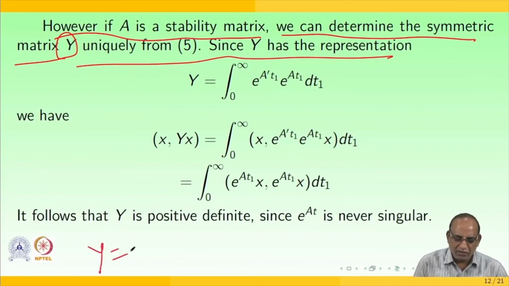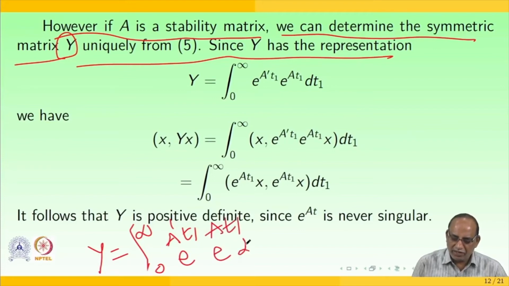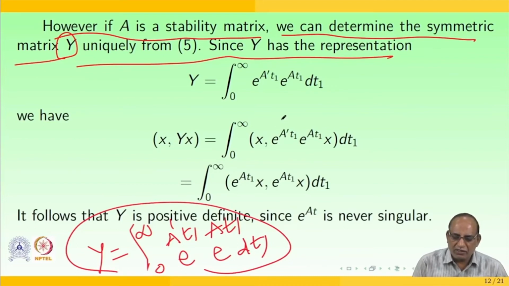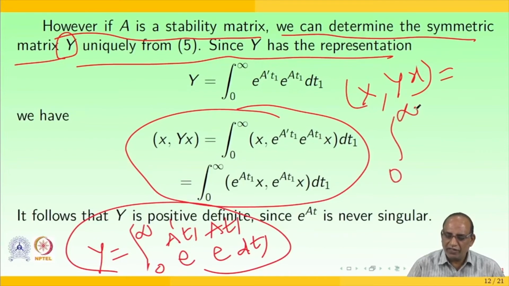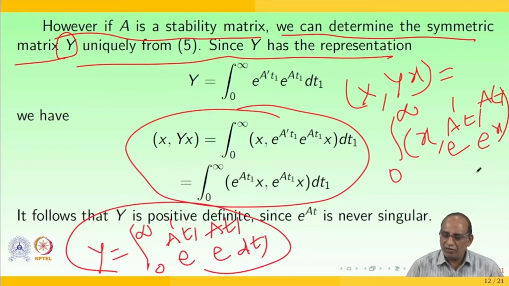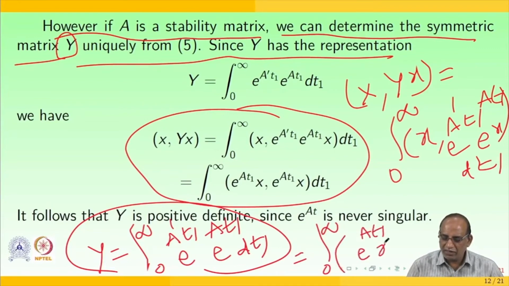So Y has the representation integral from 0 to infinity of e^(A't1) e^(At1) dt1, and this property gives (x, Yx) equal to integral from 0 to infinity of (e^(At1)x, e^(At1)x) dt1.